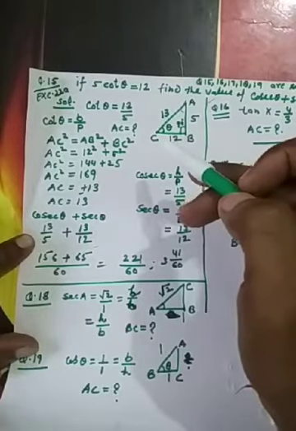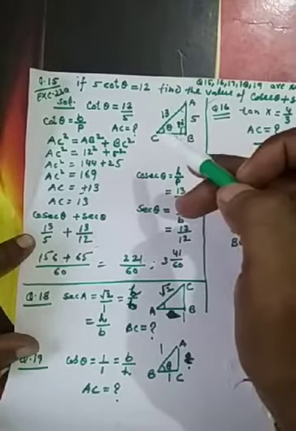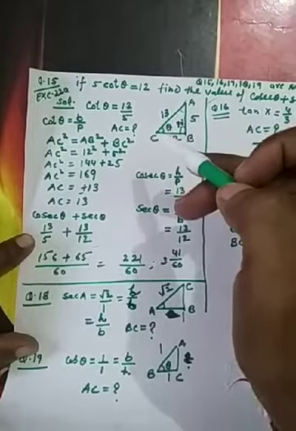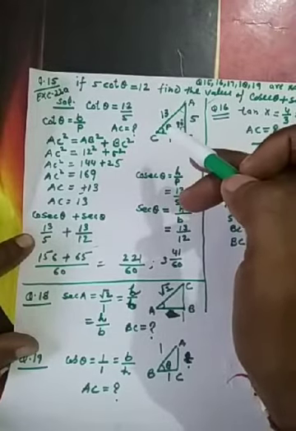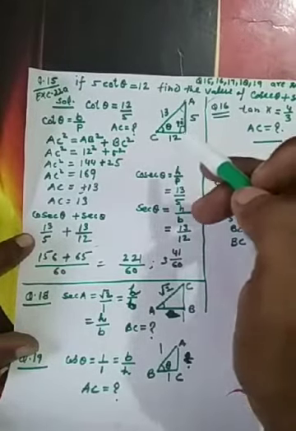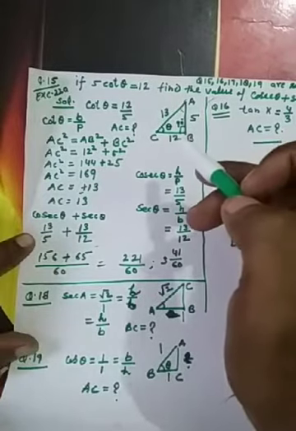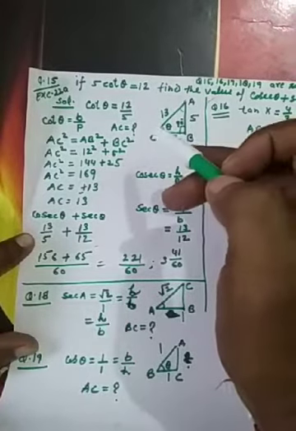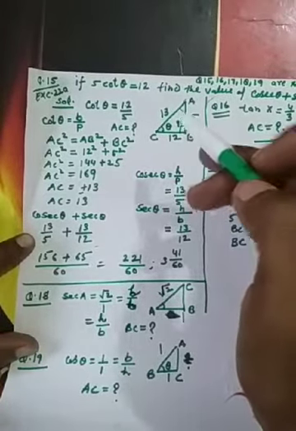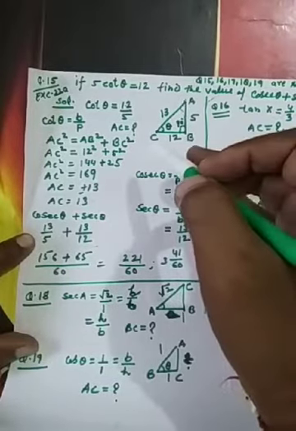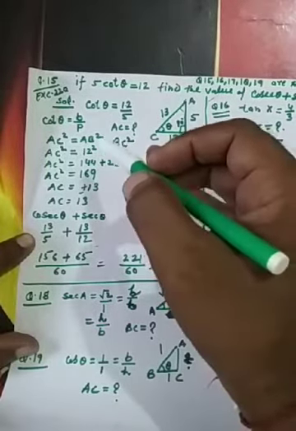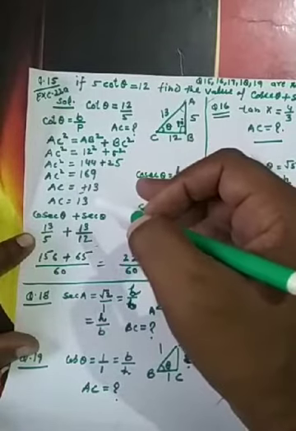Identify the perpendicular with the help of the angle you have to find. Here we have to find the angle theta. So the perpendicular will be AB, BC will be the base, and AC will be the hypotenuse. AC was not given here, so we find AC with the help of the Pythagoras theorem.